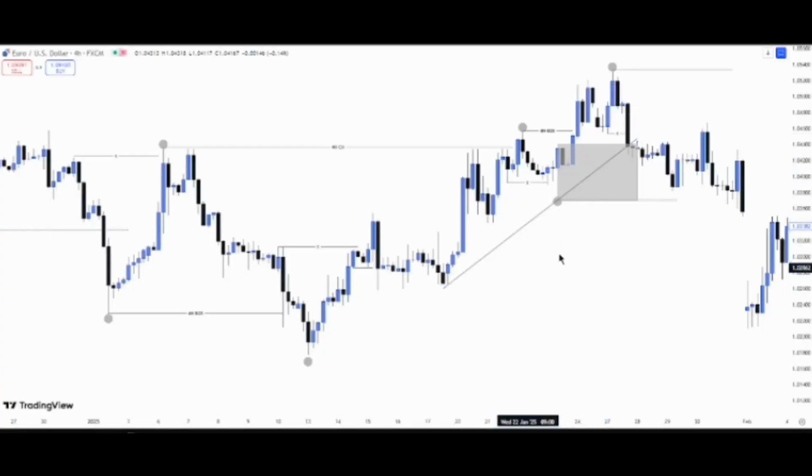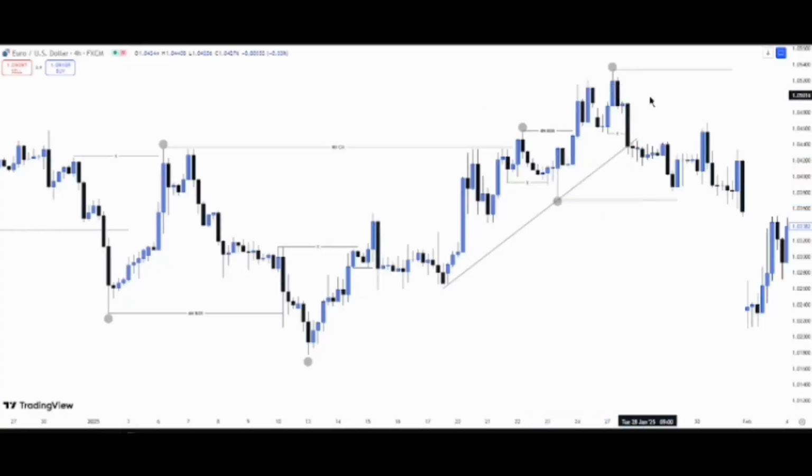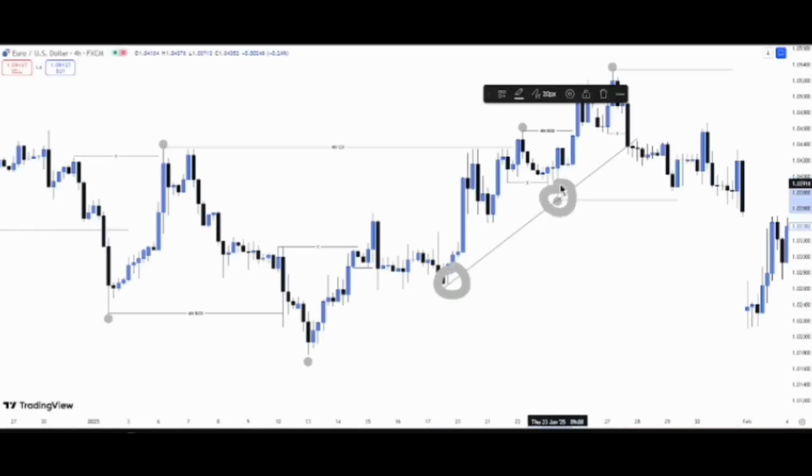Look at it carefully. Let me zoom in. Let me take out this one here for you to understand. Okay, so you can see this is the first touch, second touch. Okay, that's a trend line.